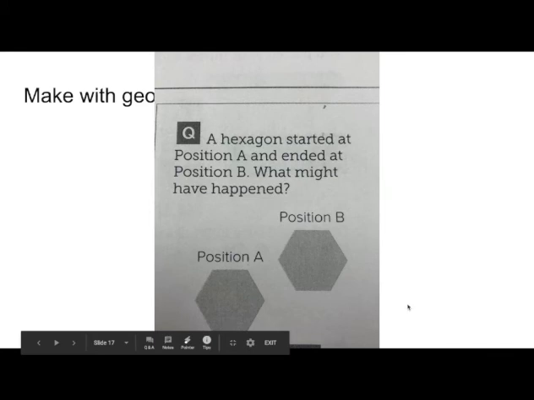Doesn't really look like a reflection because a reflection would probably be over here. Oh, if I put a line right here, maybe it could have reflected. Maybe. Or if I slide this shape over there, yeah, it looks like a translation. It's a slide from point A to point B.